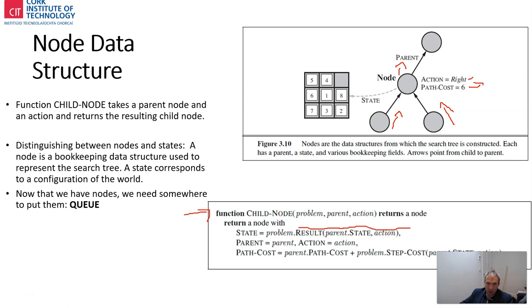Okay, that's all fine. And then path cost equals parent dot path cost plus parent step cost for parent dot state for that action. So what is the cost of taking that particular action based on the parent's current state? And sum that with the prior cost of the parent. Okay?